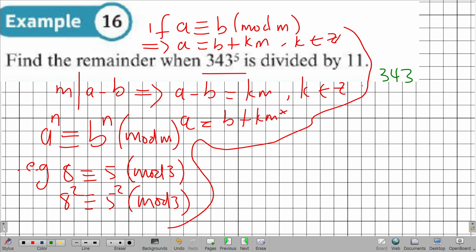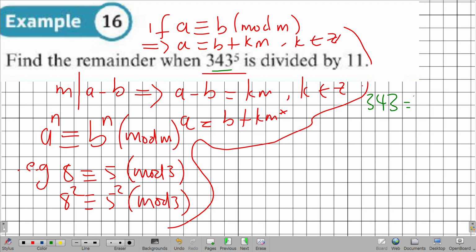In order to find it, let me write it using the division algorithm. To find the remainder when I divide 343 by 11, how many 11s are in 343? I need a calculator for this. 343 divided by 11, I get 31.